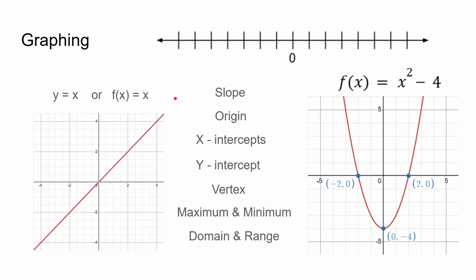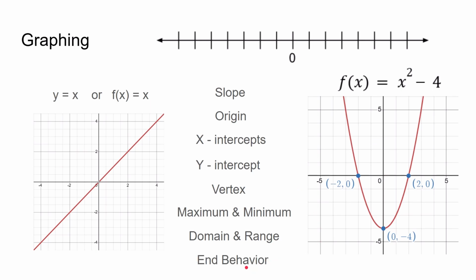So for every y value, there is an x that would work. But for this one, as we said, there's a minimum here. So anything below this would not have a y value associated. There is no x where this would be true. So the range of this function would be -4 to infinity.